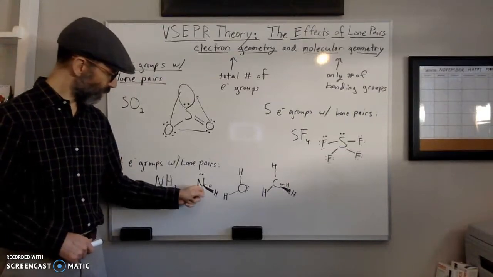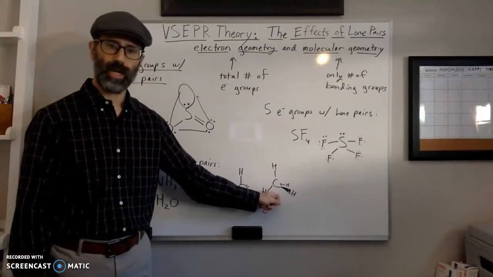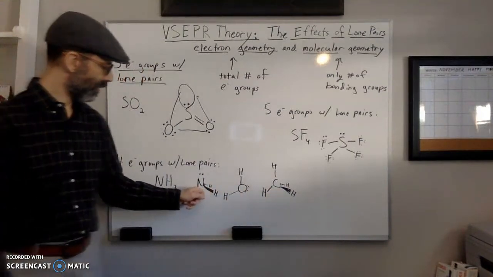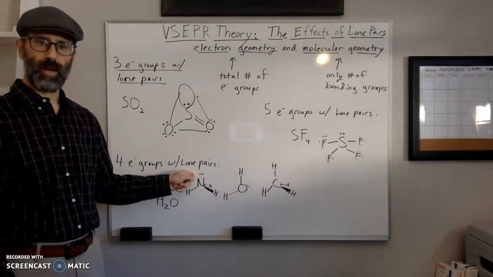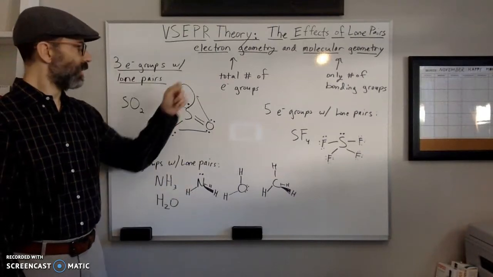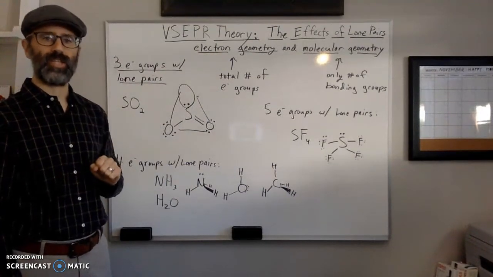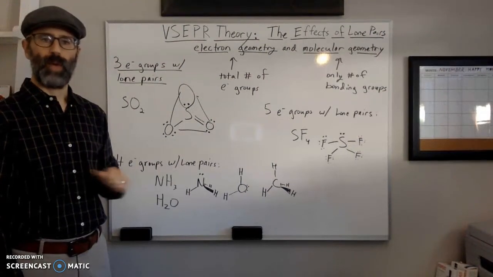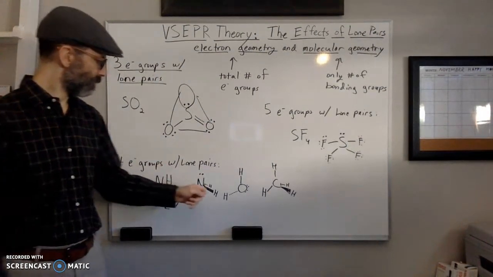So the electron geometry is tetrahedral here, just like it's tetrahedral here. The only difference between this and this is I have a lone pair instead of a bonded atom. But again, the electron geometry only depends on the total number of groups, whether or not they're bonding or non-bonding.